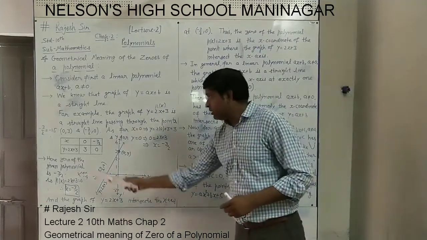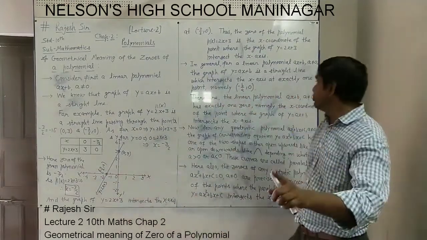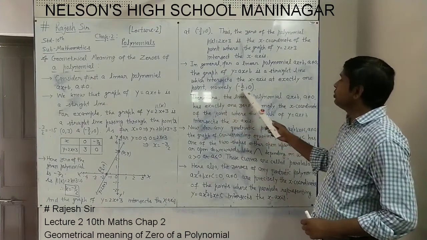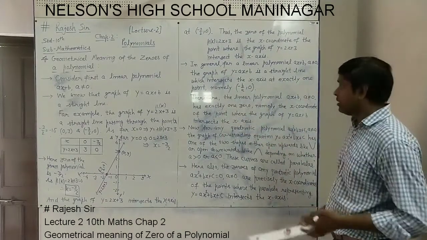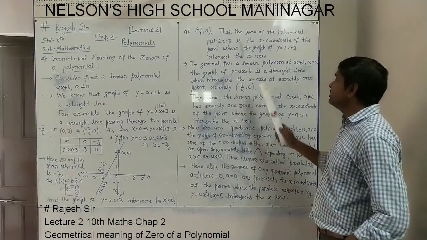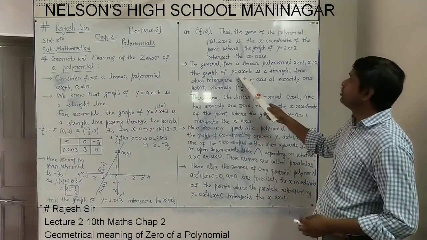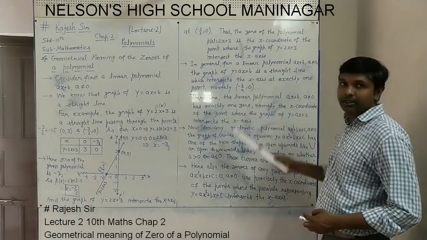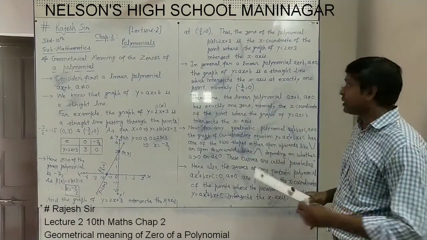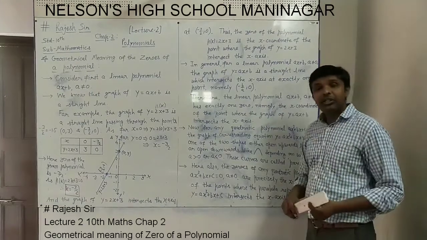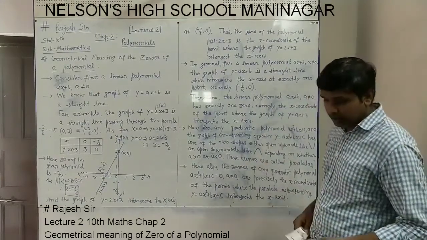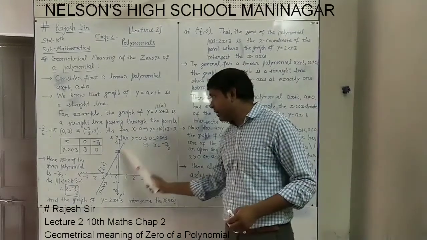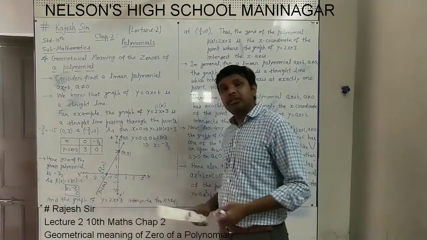That point will be (minus b upon a, 0), because the zero of ax plus b is minus b upon a, as we saw in the last lecture also. So the zero of a linear polynomial is always the x coordinate of the intersection point of the graph and the x-axis.